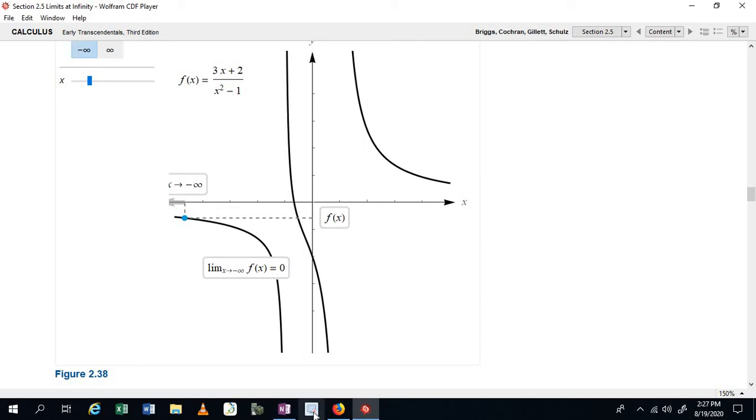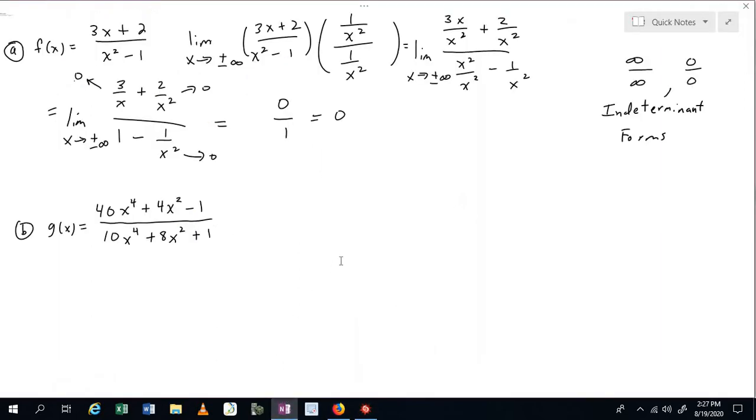Okay, so let's look at the next one. Okay, so this is the next rational function that we're looking at. So again, in this case, initially when you look at this limit, and I'm going to look at plus or minus infinity at the same time. X is heading towards plus or minus infinity.